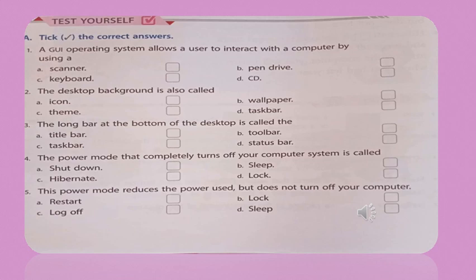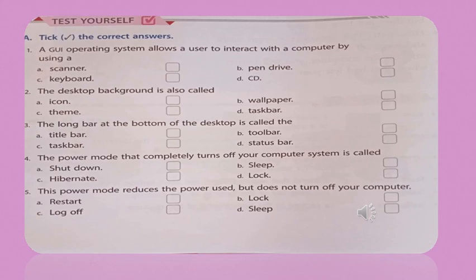Then fifth one, the power mode that reduces the power used but does not turn off your computer. Options are restart, lock, log off, sleep. The answer is sleep. Sleep power mode reduces the power used but does not turn off your computer.